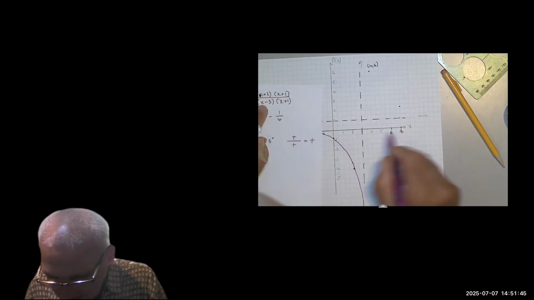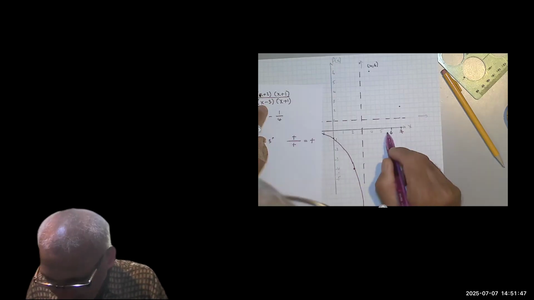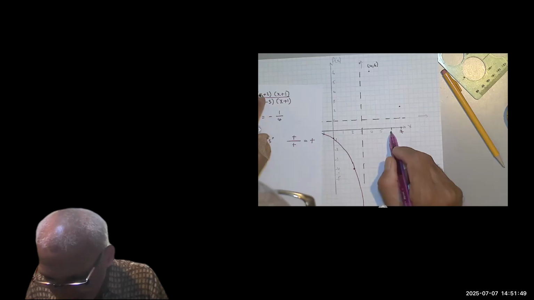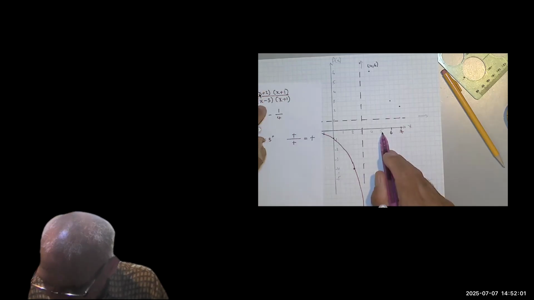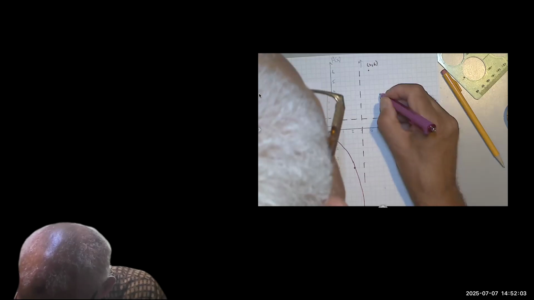Maybe if I try 6, that would make it 8 and 3, so 2 2/3. And 5 would make that 7/2, 3 1/2.